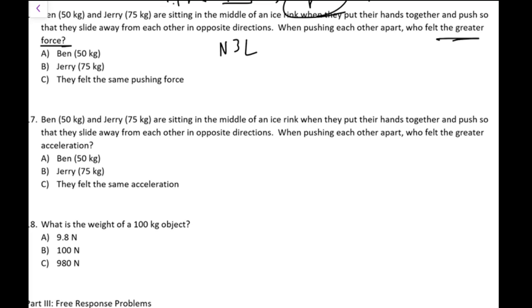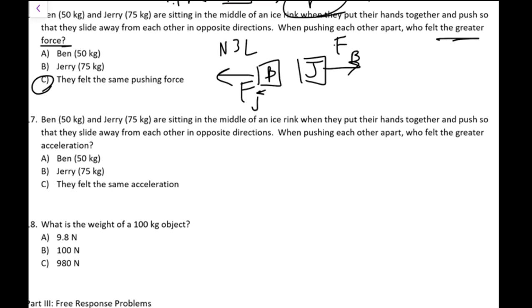That means the force that Ben put on Jerry. So this is Ben. This is Jerry. When Ben pushes Jerry, he pushes him in this direction. When Jerry pushes Ben, he pushes him to the left. And so what we're left with is that the force from Ben, FB, is equal to and opposite the force from Jerry.